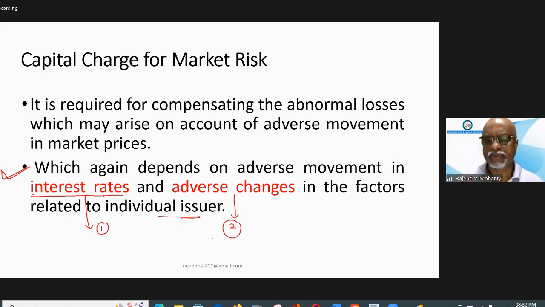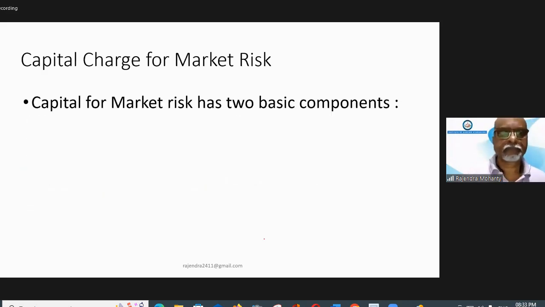Due to these two, losses might happen for which market risk capital has to be calculated. For the first kind of change, whatever capital is calculated is called general market risk calculation. And for the second kind of change, whatever capital is calculated is called specific market risk calculation. Now is it clear? Yes, sir.